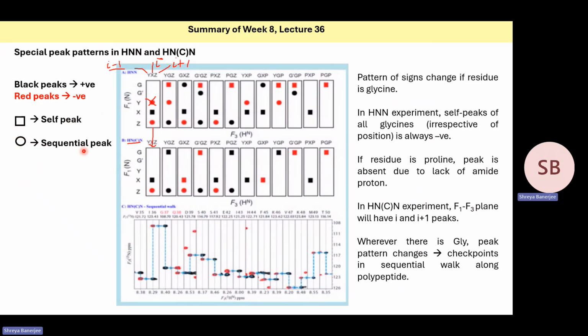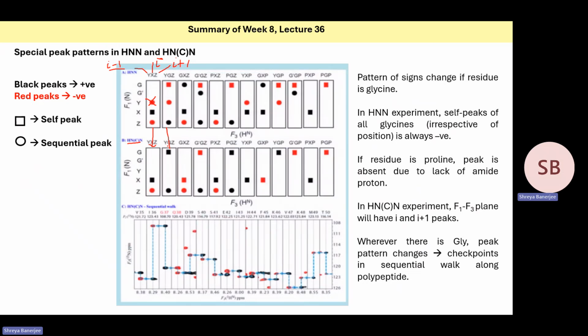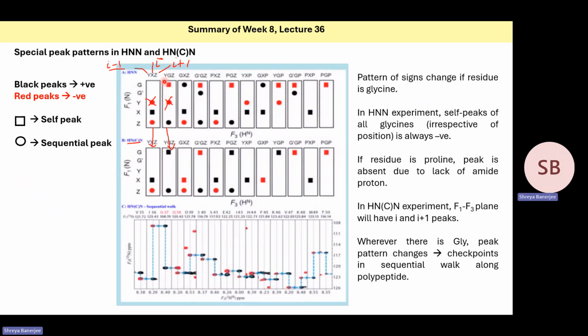So again, if you relate HNN with HNCN, you will see that the Y peak will not be observed because Y is I minus 1. But another thing that is happening is that the sign pattern is also changing.